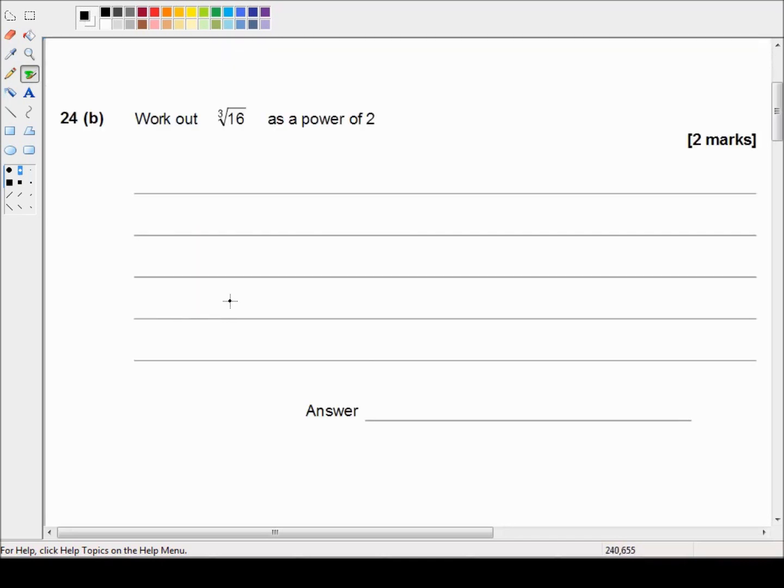Okay, so 24b says work out the cube root of 16 as a power of 2. Okay, so the cube root of something is the number, in this case it's 16, raised to the power of 1 over 3. And how do we know that?